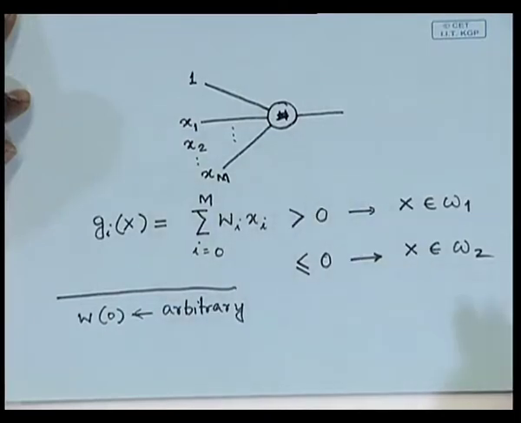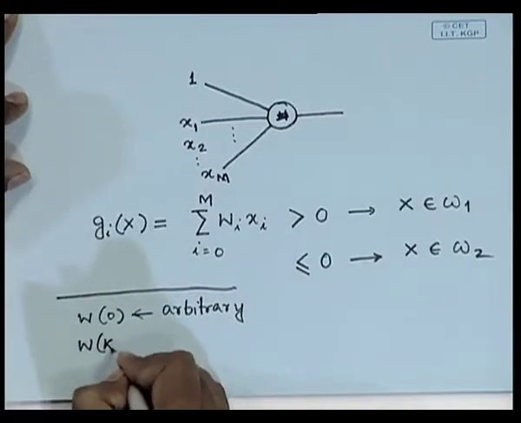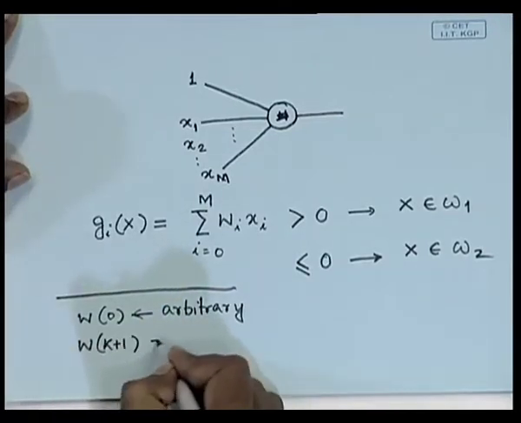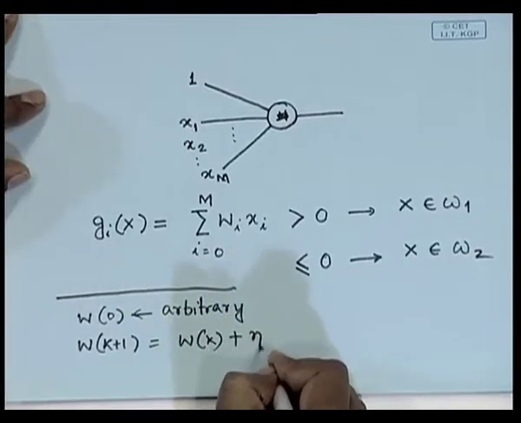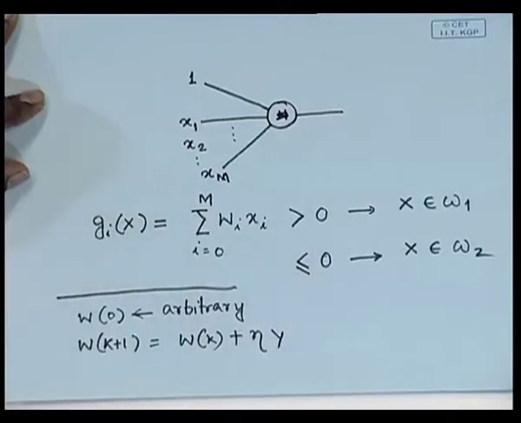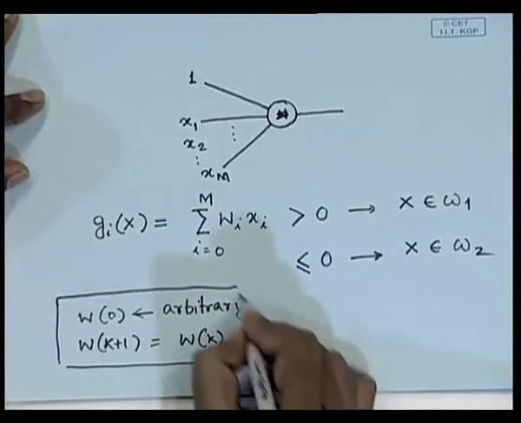Then at every iteration stage, the weight was chosen as w k plus 1 equal to w k plus eta times y. This is what we had in case of perceptron criteria.